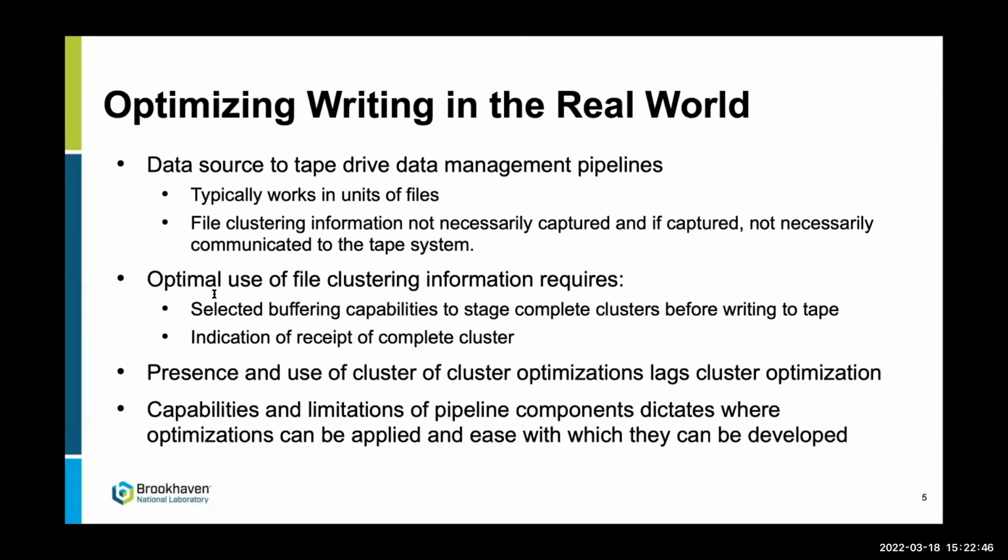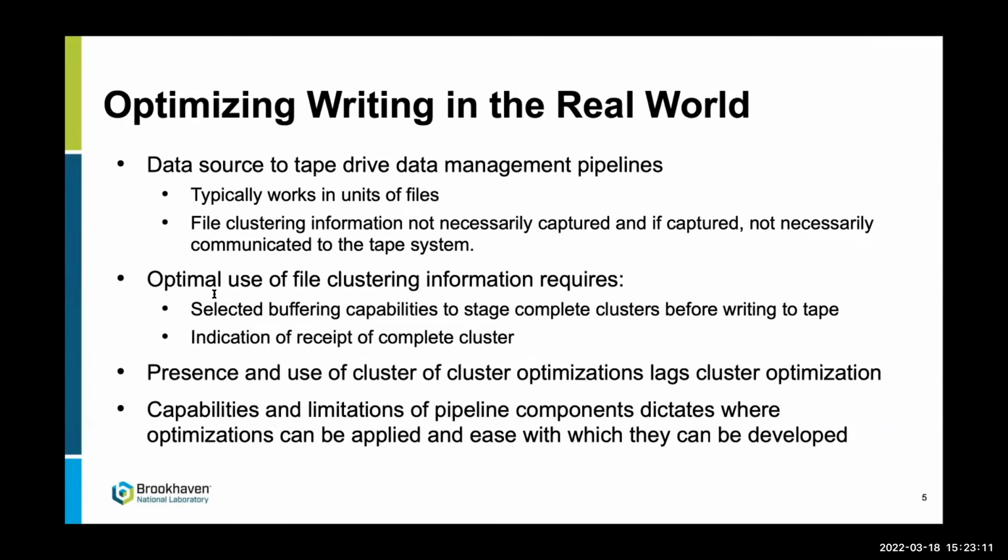So the issue with optimizing the data when it's being written is that typically the data management pipeline from the data source to the tape drive works in units of files, right? File clustering information is not really captured or transmitted easily from the source to the destination tape drive, right?